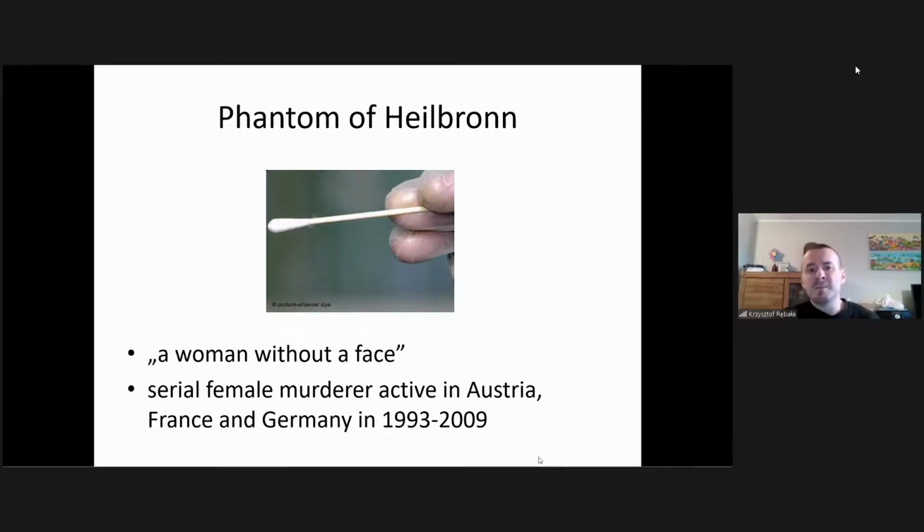Genetic examination was providing evidence that it was always the same woman committing these crimes. Since she was not identified for many years, she was called a woman without a face.